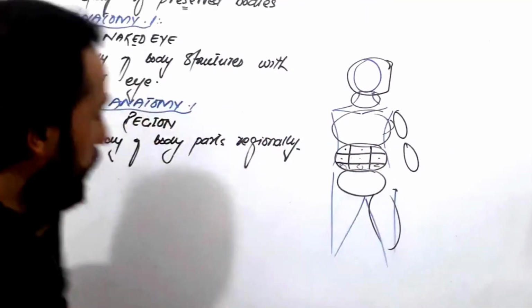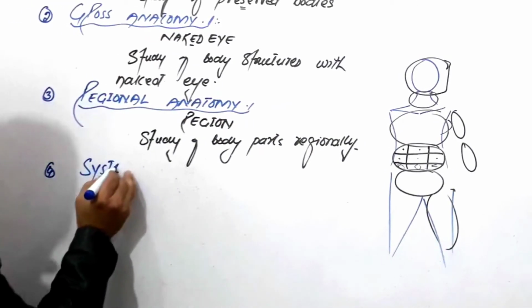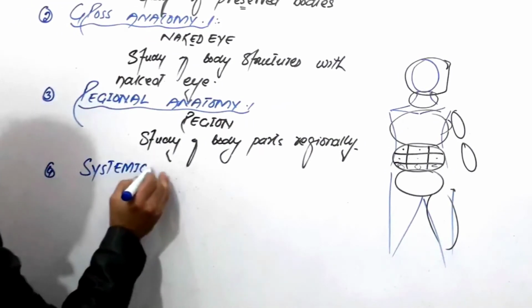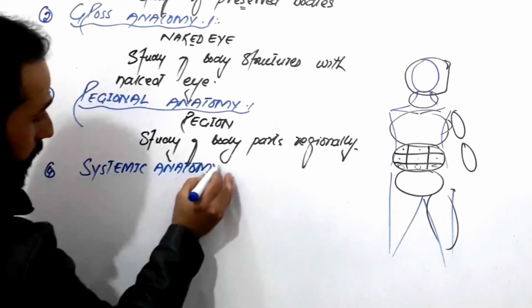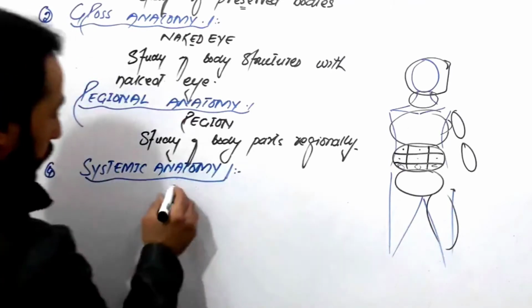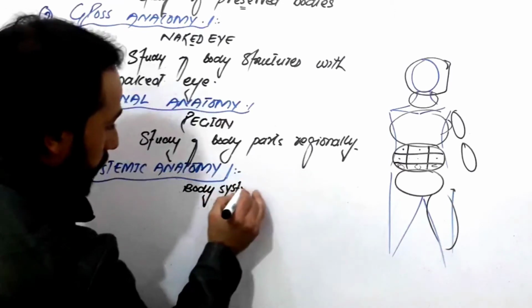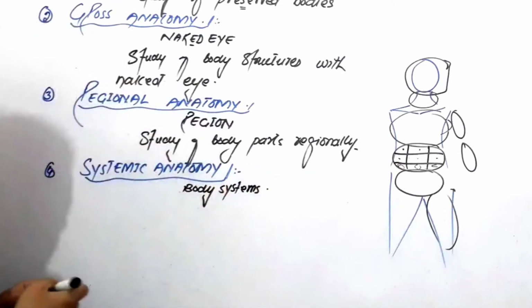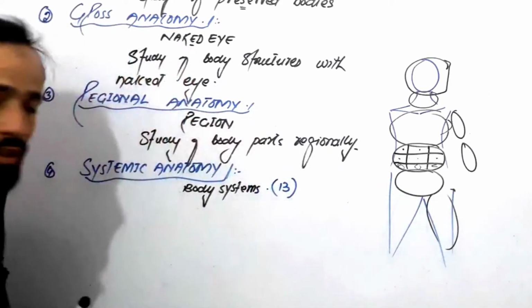Then there is another branch, and that is called systemic anatomy. Systemic means body systems. In our body, we have about 13 systems working together.